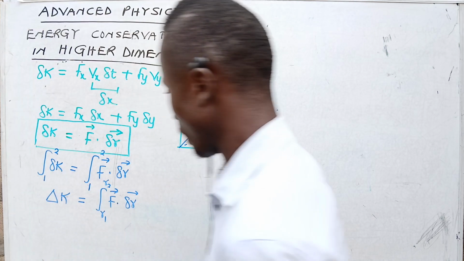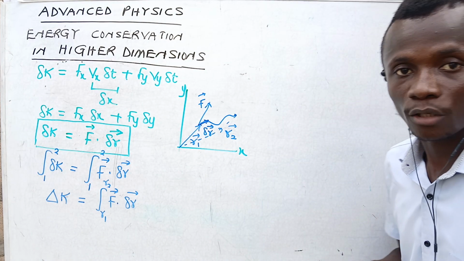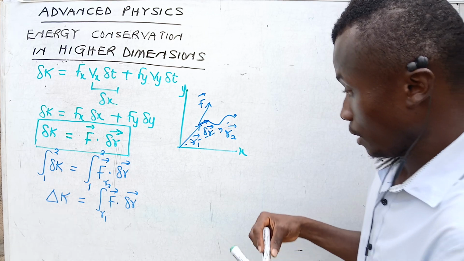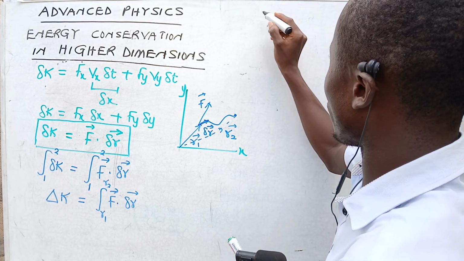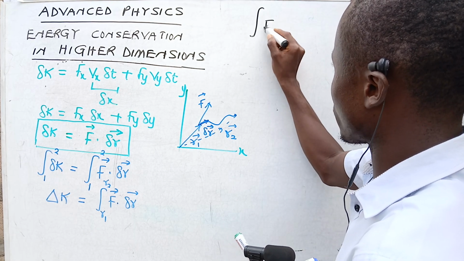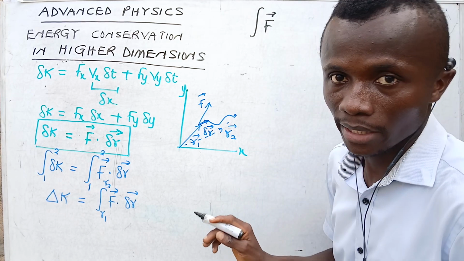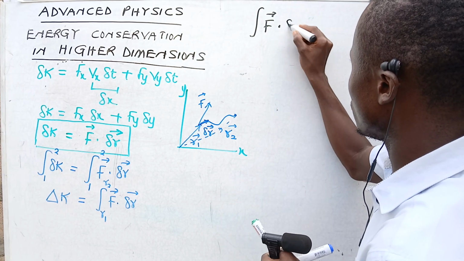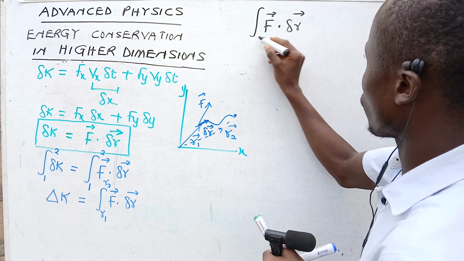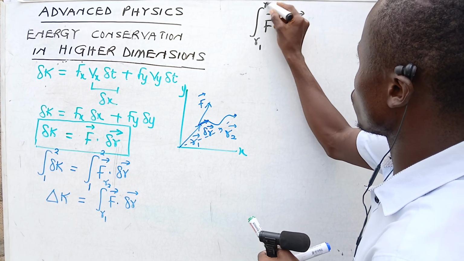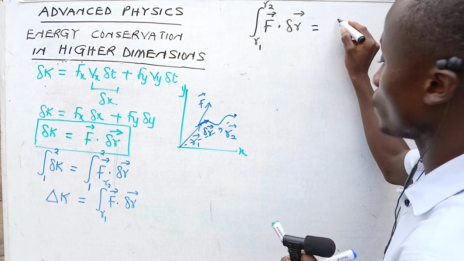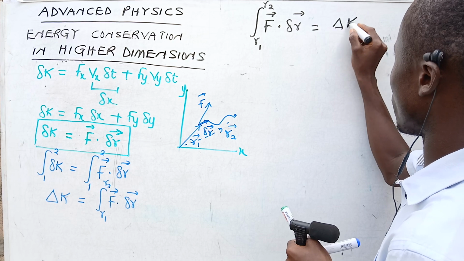So in higher dimension, the analogy of the law of conservation of energy is such that right now the integral of the force vector, no more in one dimension, it is a vector, dot dr from r1 to r2 is equal to a change in kinetic energy.